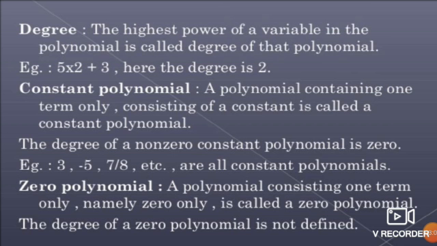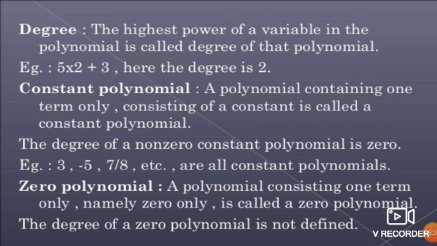Constant polynomials mean the equation has only constant terms. 3 is a polynomial, minus 5 is also a polynomial, 7 by 8 is also a polynomial, but there are no variables and no more terms, only one term. That's why we call it a constant polynomial.